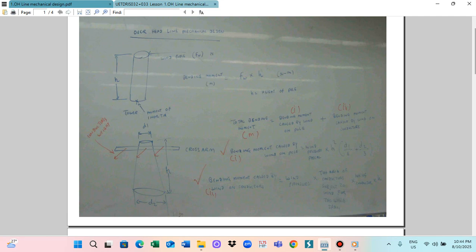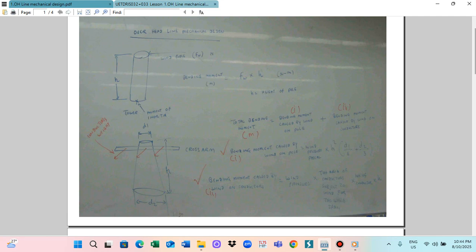So this is the transmission line tower. Because the height is h, and this is the wind force. The wind force is Fw.